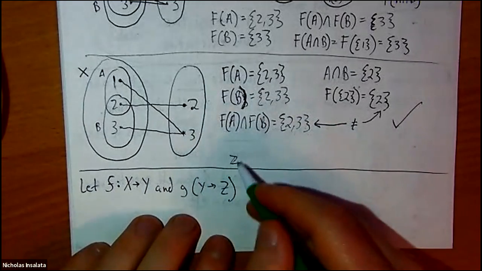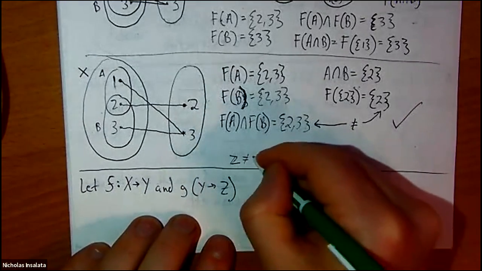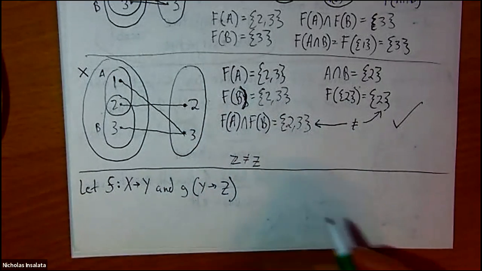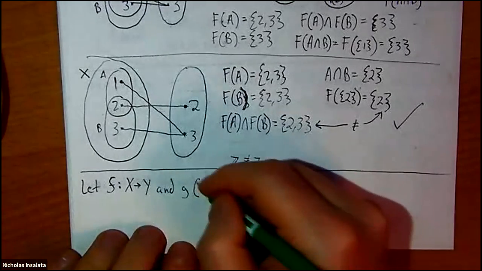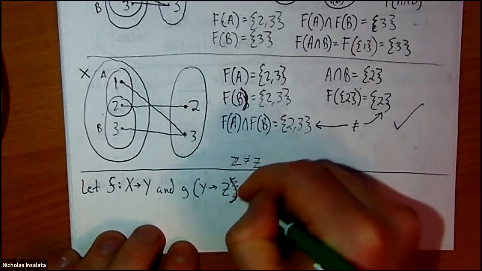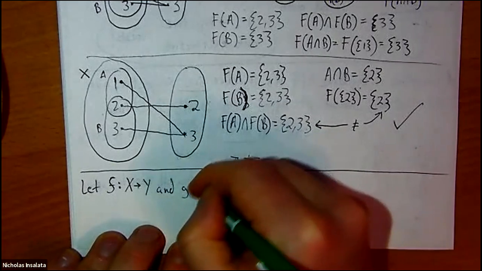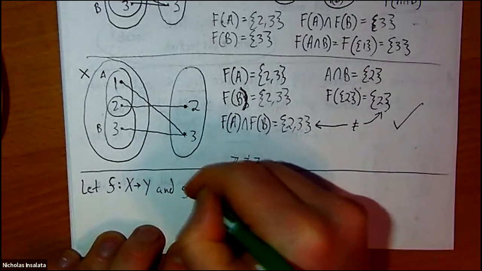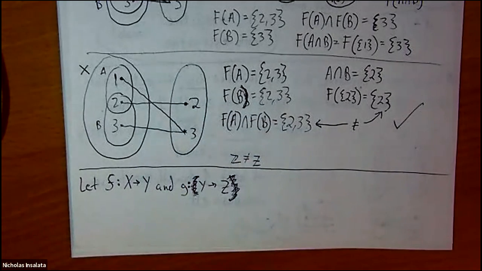That's integers, right? This is not the same as capital set Z. Okay, so we've got f and g. Oh, I did it wrong. Sorry. My brain's not all together today. Okay, there we go. g goes from Y to Z.